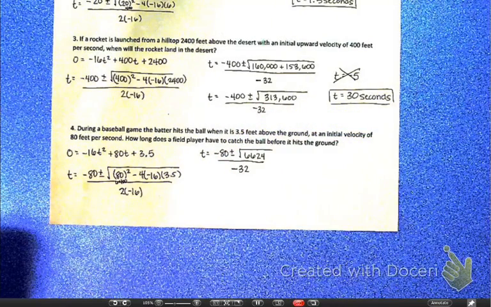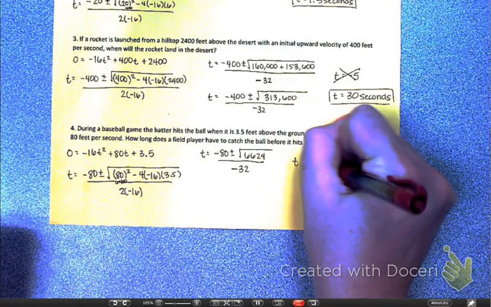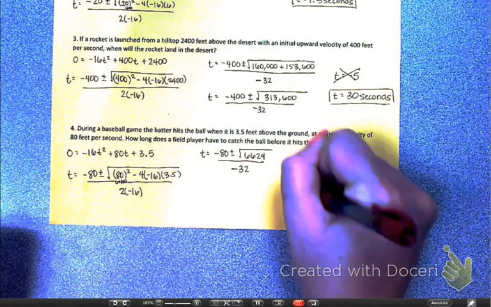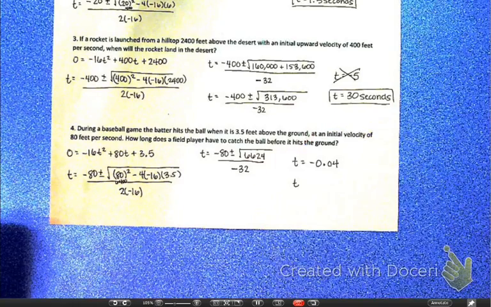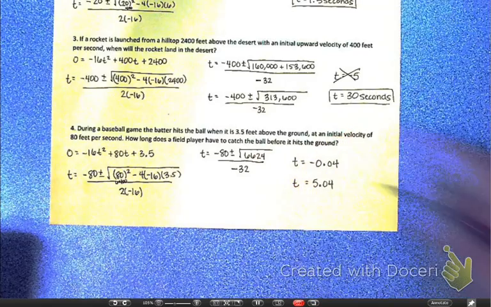Now, 80 squared is 6,400. I'm just going to write that here so I can do it in one step. Negative 4 times negative 16 times 3.5 is 224 plus that 6,400. Underneath your square root, you should have 6,624. Is that what you have? Okay. All over negative 32.